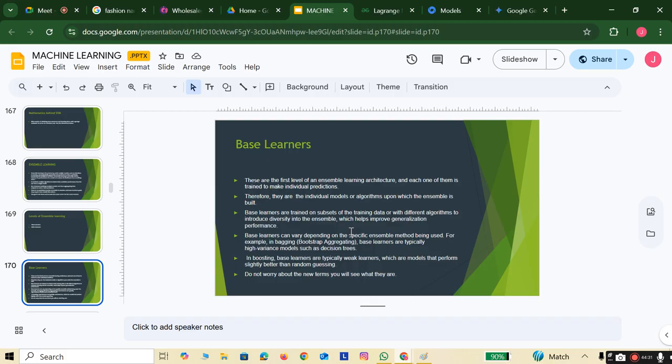For example, in bagging, or bootstrap aggregating, which you are going to see later, base learners are typically high variance models such as decision trees. In boosting, base learners are typically weak learners, which are models that perform slightly better than random guessing. Do not worry about the new terms, you will see what they are.